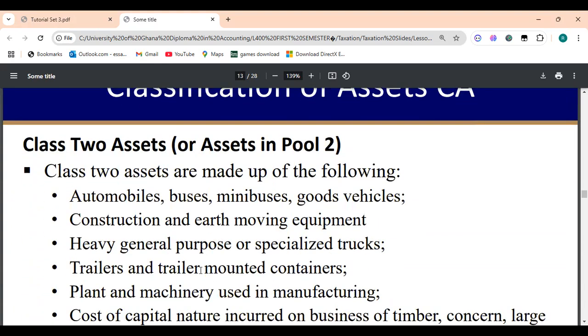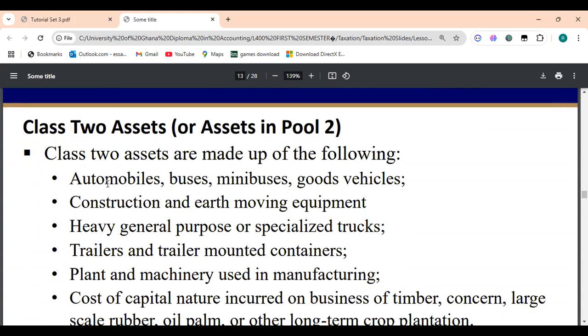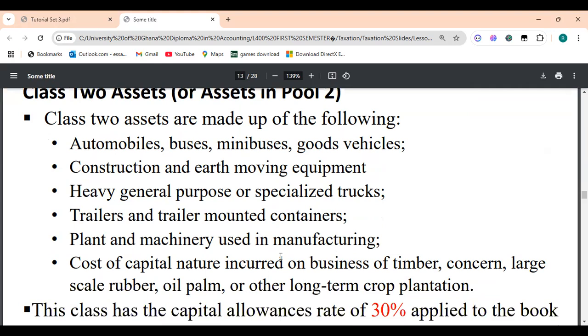So class 2 assets, or assets in pool 2, right? They include automobiles, buses, minibuses, goods vehicles, construction and earth moving equipment, heavy general purpose or specialized trucks, trailers and trailer mounted containers, plant and machinery used in manufacturing, and costs of a capital nature incurred on the business of timber, large-scale rubber, oil palm, or other long-term crop plantations.